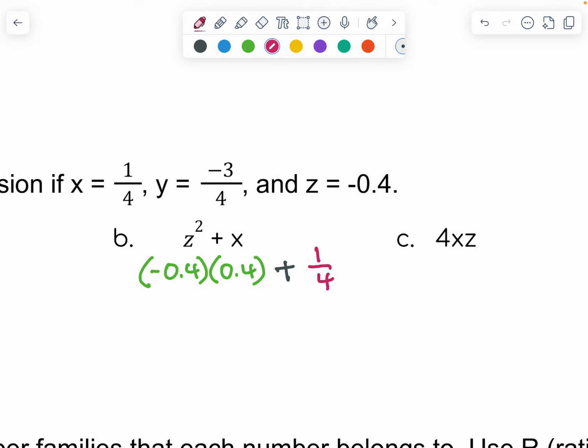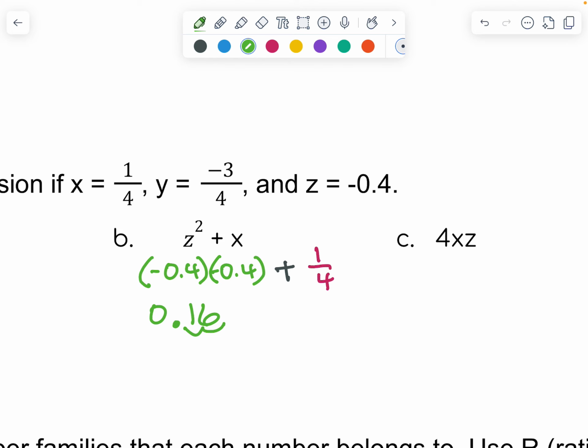So let's do 0.4 times 0.4. What's 4 times 4? It's not 8. It is 16. And then I have 2 numbers to the right of the decimal. So I'm going to move my decimal over and get 0.16. And that was a negative. A negative times a negative is a positive.